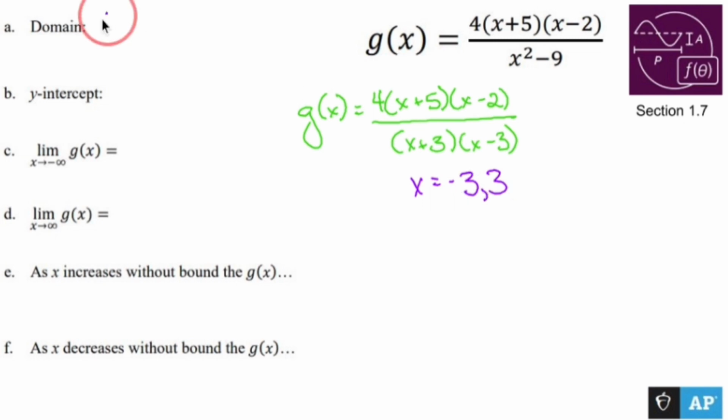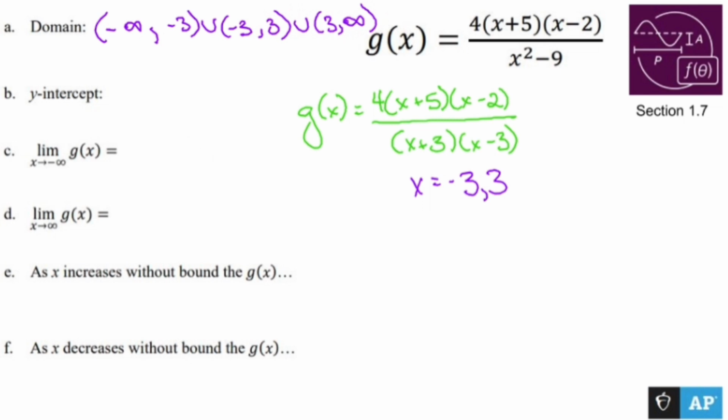So that gives me a domain of everything from negative infinity up to negative 3, I'm not allowed to plug in negative 3, so union negative 3 to 3, union 3 to infinity.